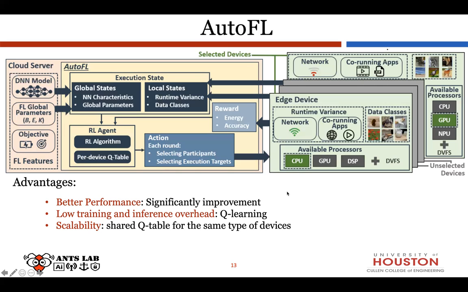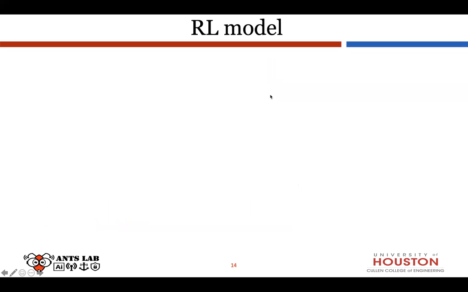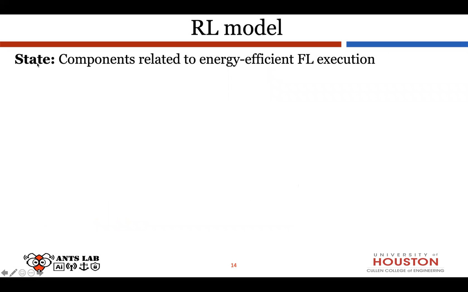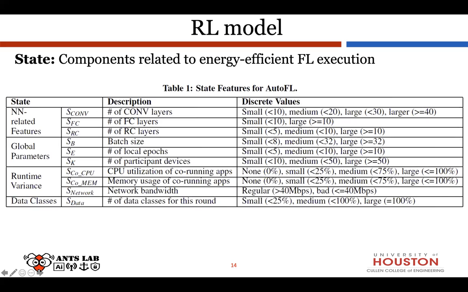Okay. Let's move on and turn to the details of their model. Firstly, let's look at the state. It can be defined as the components related to energy efficient federated learning execution. And here we summarize the state features of this AutoFL model.